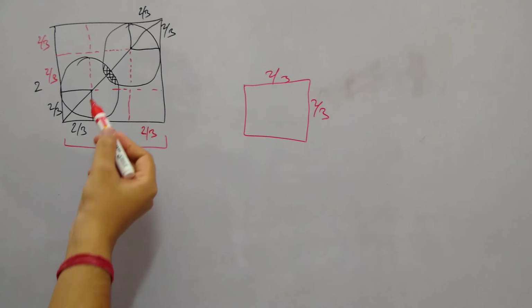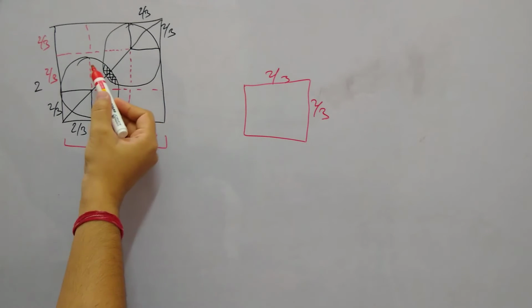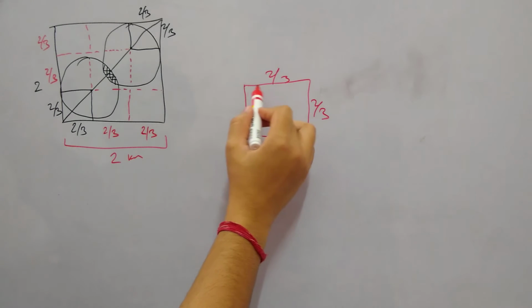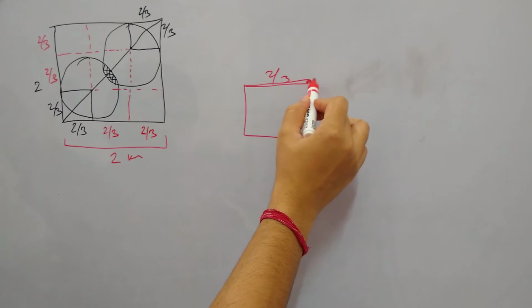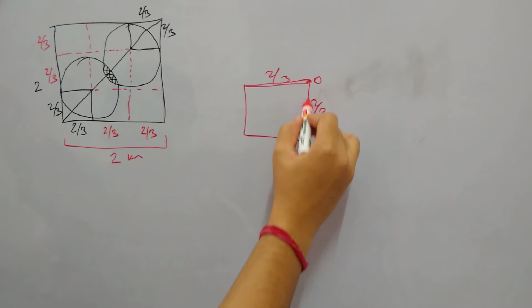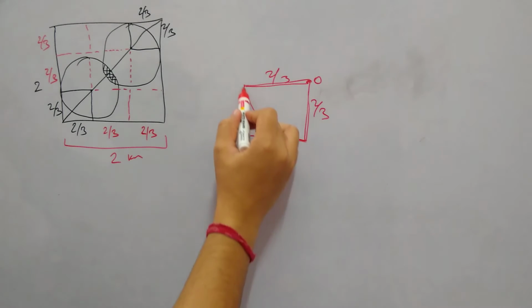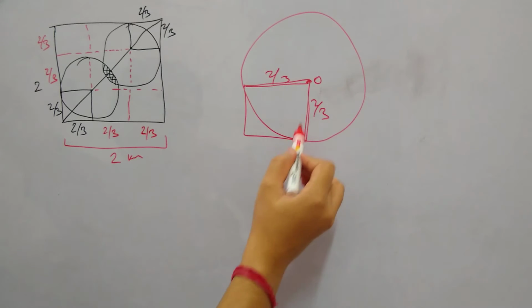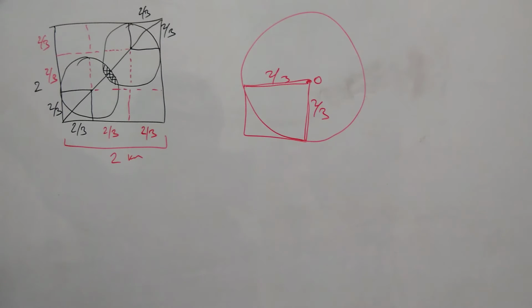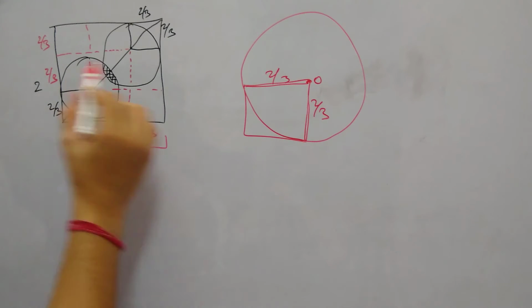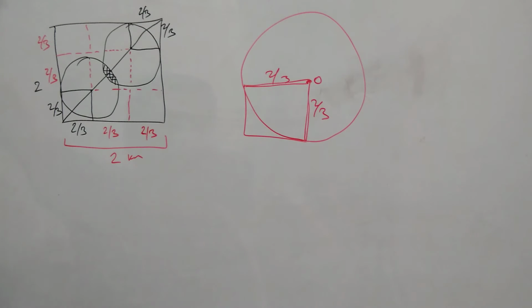The circle, this is the radius, this will be the center, let's say this is O, and this will also be a radius. So the circle will be like this, the circle which is drawn at the center O. This is the central block that we are drawing here for better understanding.